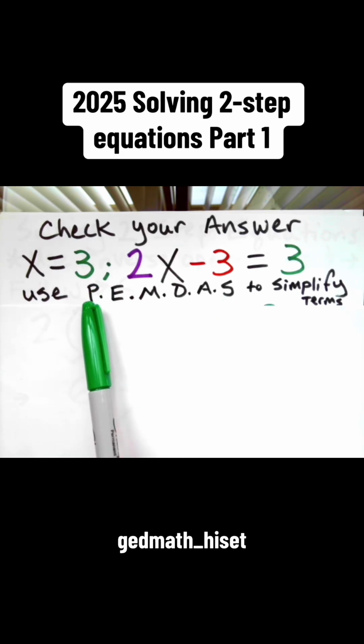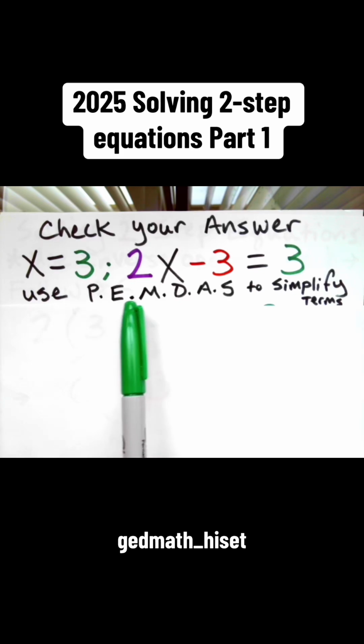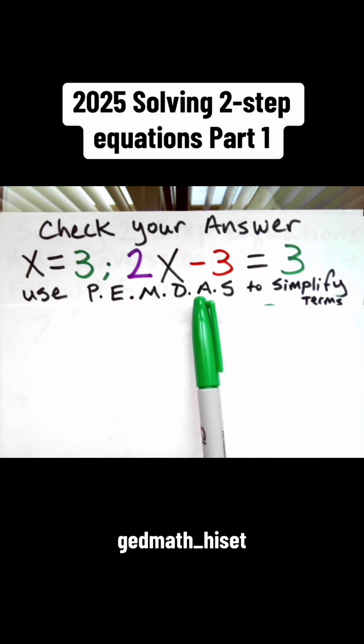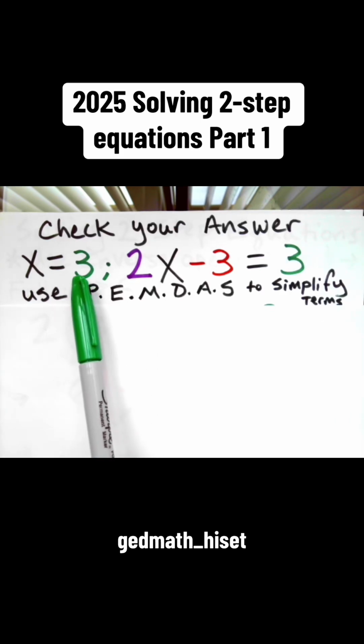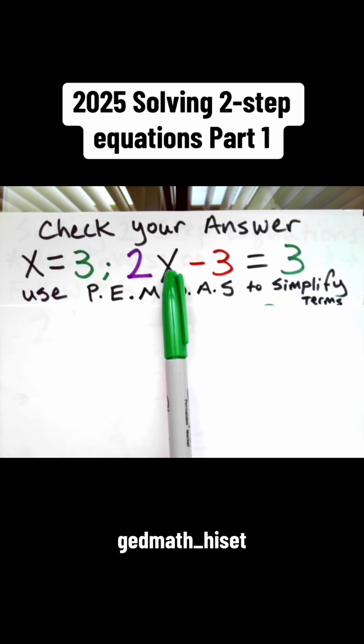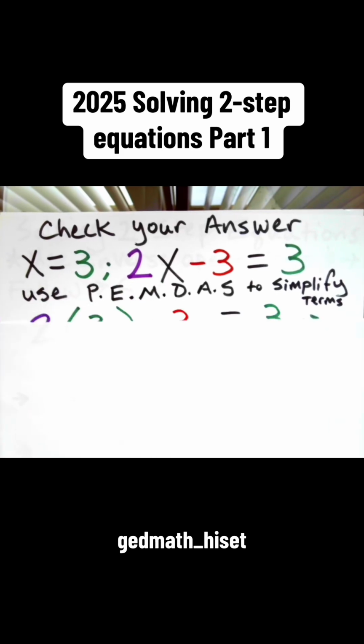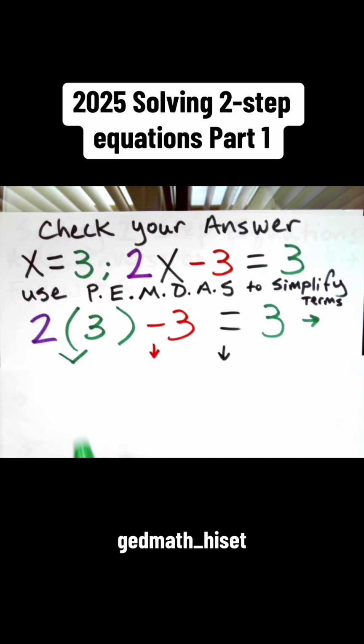First you do parentheses, then you would do exponents, then you'd simplify by multiplying or dividing, and finally you would simplify by adding or subtracting. So I'm going to substitute that 3 everywhere I see x, right? Because x equals 3. And if x equals 3, I can substitute that value. And now I follow PEMDAS just to simplify.